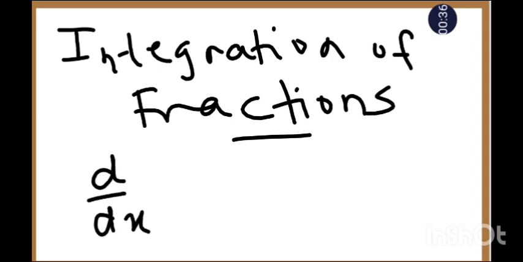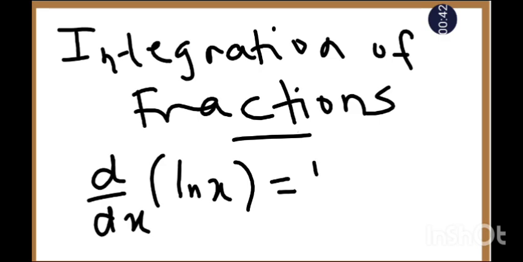When we differentiate ln x, what do we have? We have 1 over x here, provided x is greater than 0. Now we know that the derivative of ln x is 1 over x, which means the integral of 1 over x should give us ln x.